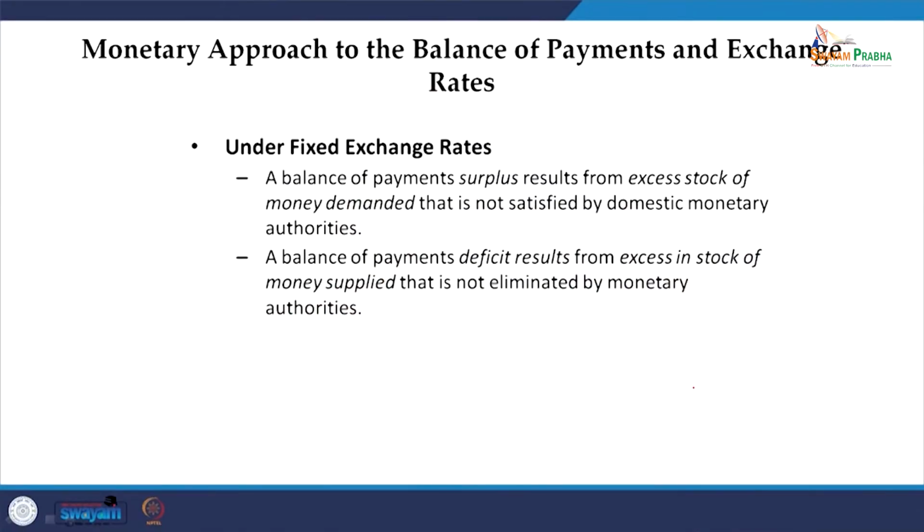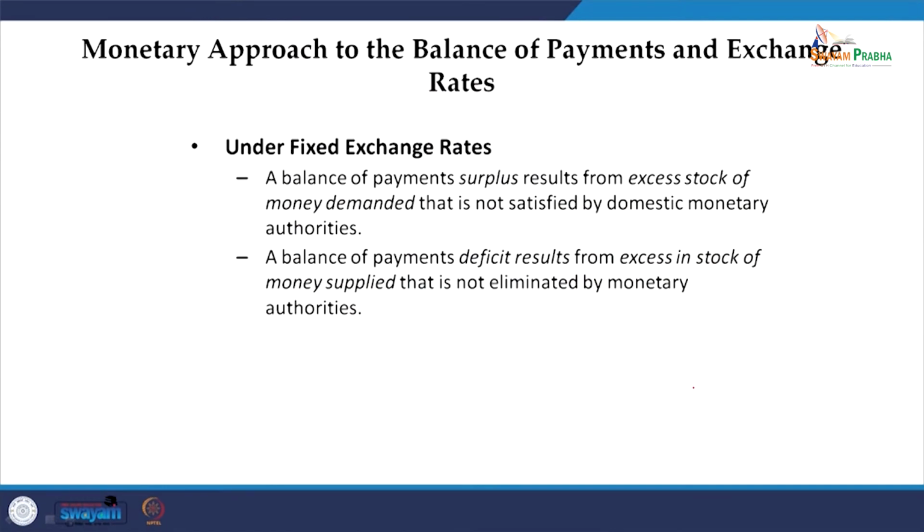Now, under a fixed exchange rate, how monetary policy works we will discuss in detail, but in short, a balance of payment surplus results from an excess stock of money demanded that is not satisfied by the domestic monetary authority. Under a fixed exchange rate regime, a balance of payment deficit results when an excess stock of money supply is not eliminated by monetary authorities.